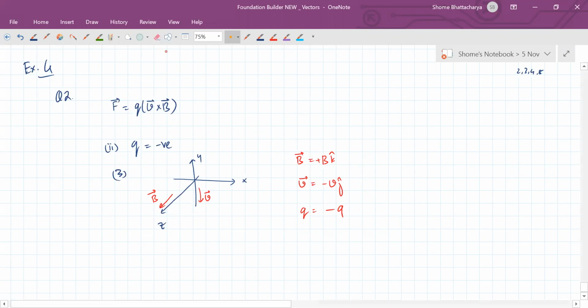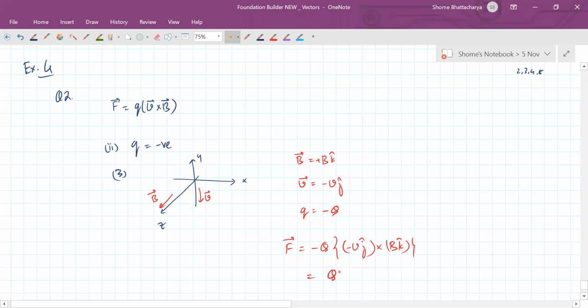So let's say it's negative of some amount of charge. So we'll write it as minus capital Q. So what about the force? It is minus Q into V, which is minus V j cap, cross product with positive B k cap.